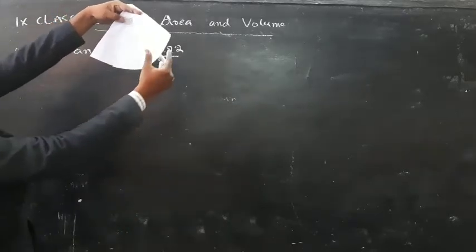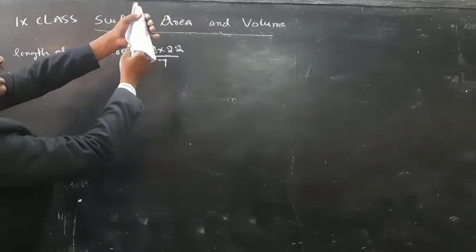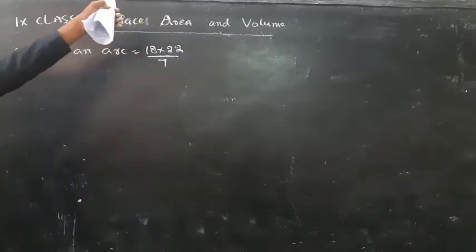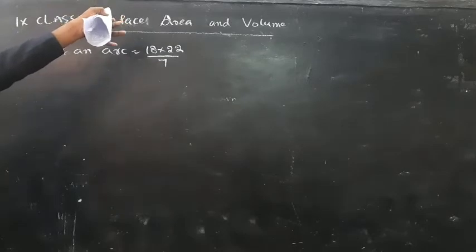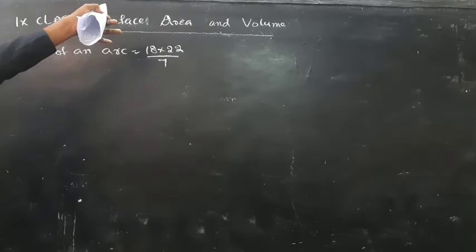So what he did was bend that sector to form a cone. After bending it into a cone, the length of the arc is nothing but the perimeter of the base of the cone. Why?